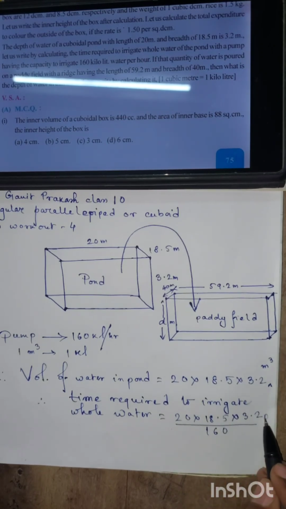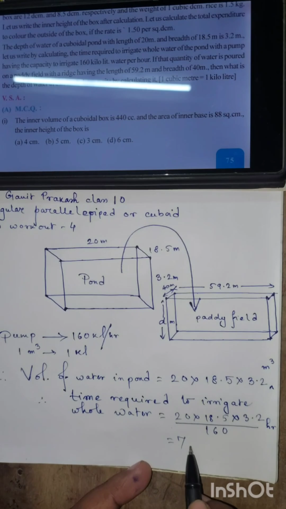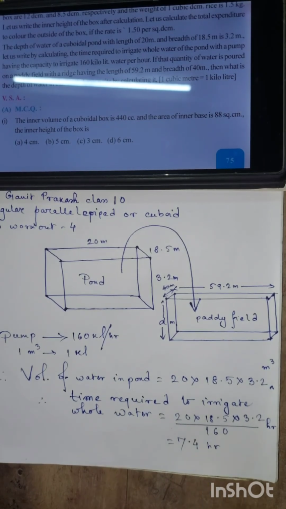So the unit is in hour. So this is 7.4 hour. If you want, you can break it into hour and minute.